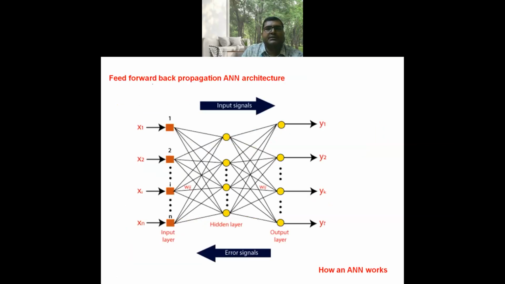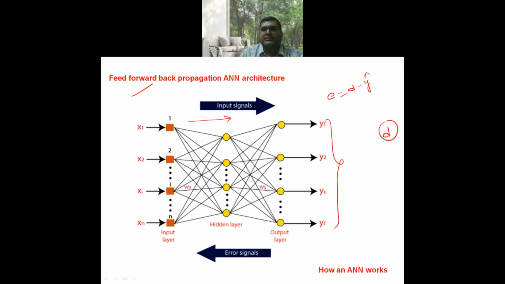Feed forward back propagation algorithm, or feed forward propagation of an artificial neural network. Here the signal will be propagated in the forward direction, and we have some desired signal D, and the error will be calculated between the desired signal and the output of the artificial neural network.